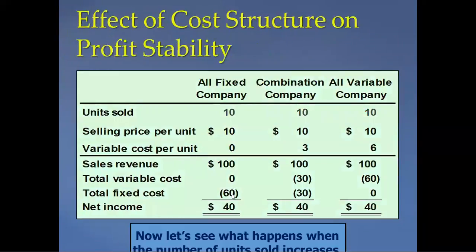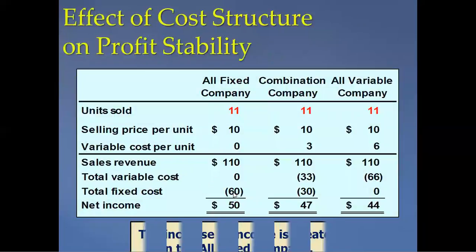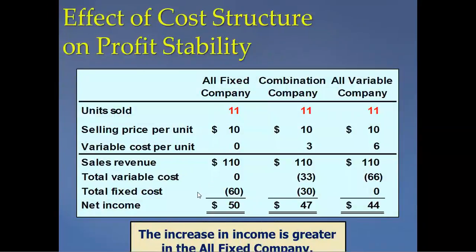Here, fixed cost was 60 for this fixed company, 30 for the combination, and 0 for the variable company. So here's that 60, 30, 0 fixed cost. So the sales revenue went up, but because this all fixed company has no variable cost, the cost did not go up at all.